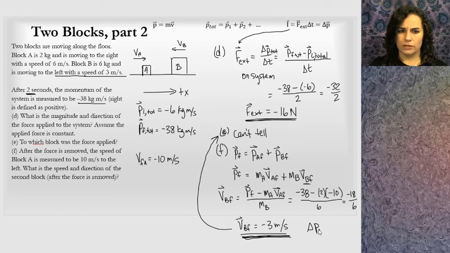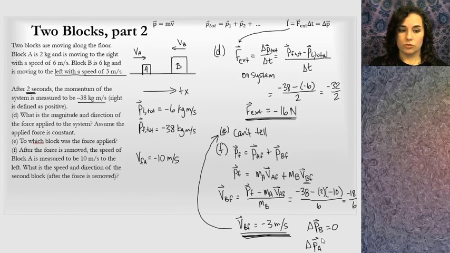The change in B is zero, and there was some sort of change in A. It's not equal to 0. It's a negative value because A totally changed direction, right? It was going right, and now it's going left. So this force was applied to block A.